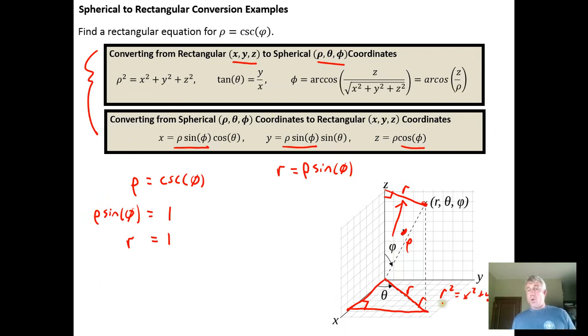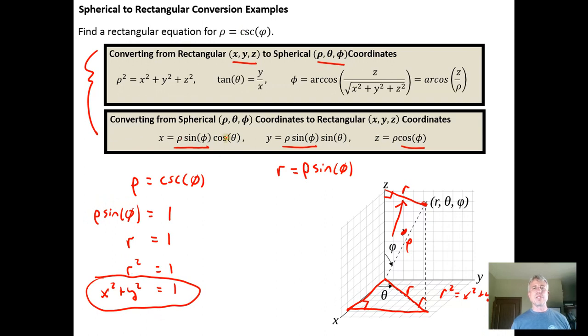So if I know what r squared is, let's go ahead and square both sides here. We'll get r squared equals 1, and then I can replace r squared with x squared plus y squared, and now I have a rectangular equation for my spherical equation.